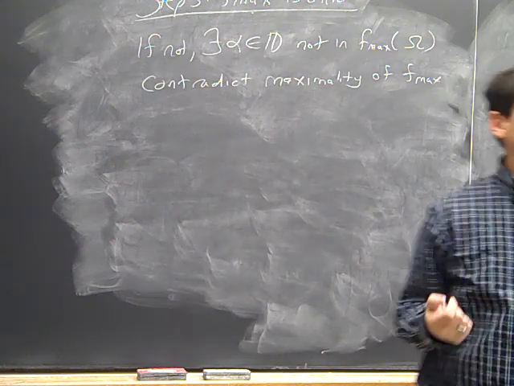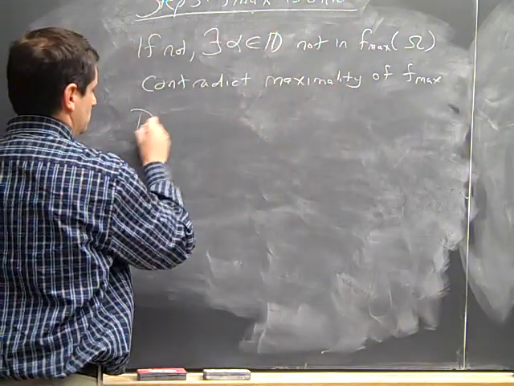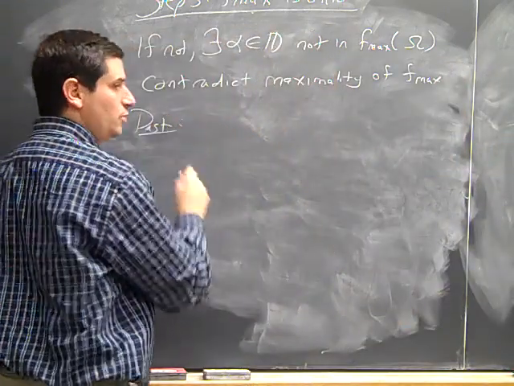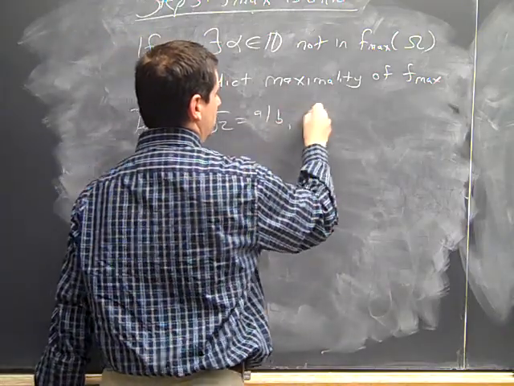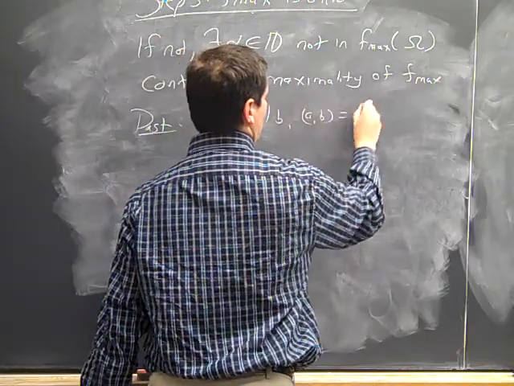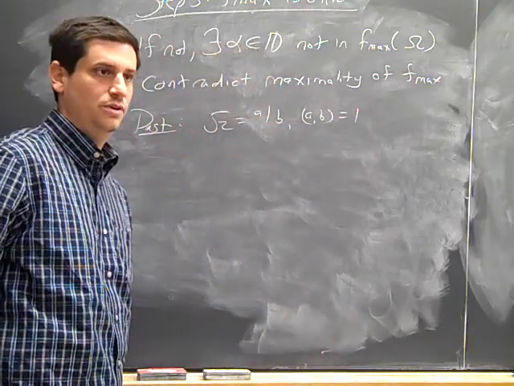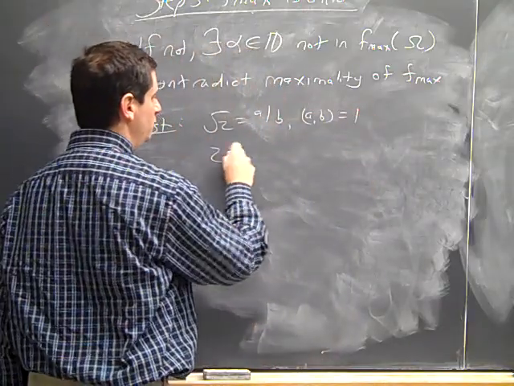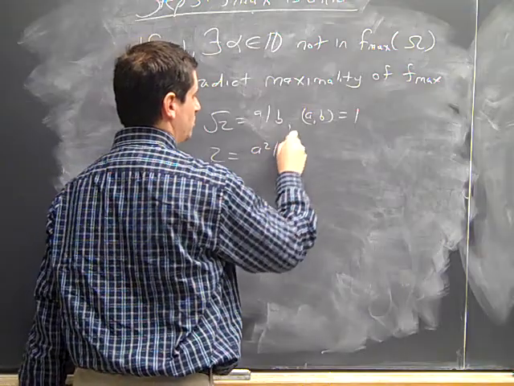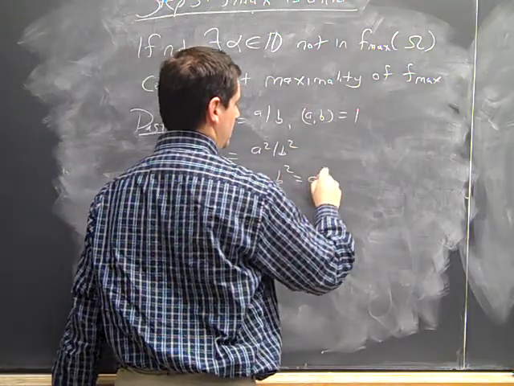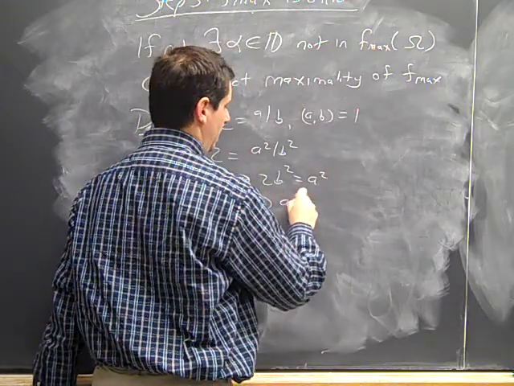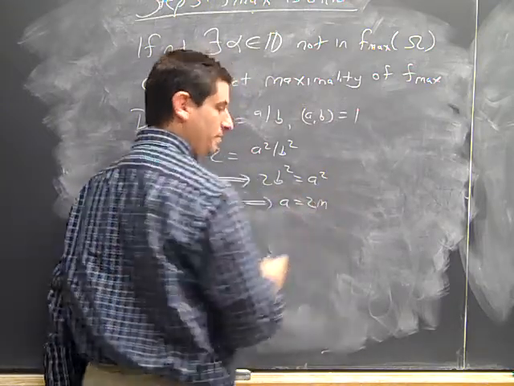If you've thought about the square root of 2, the square root of 2 is irrational. If you can write root 2 as a over b, relatively prime, then you get 2 is a squared over b squared. So you get 2b squared is a squared. Therefore a, I can write it as 2 times m.